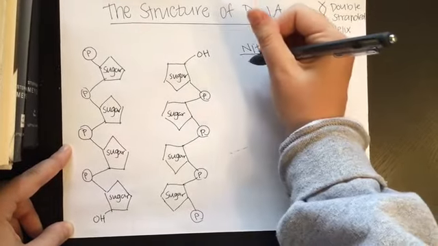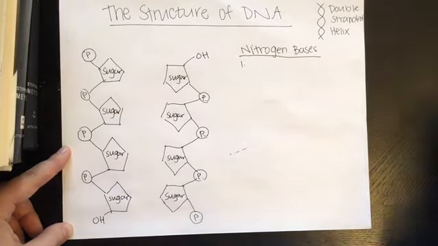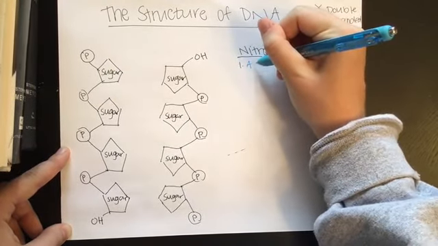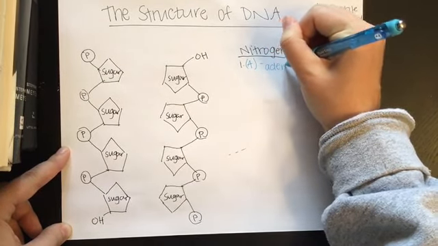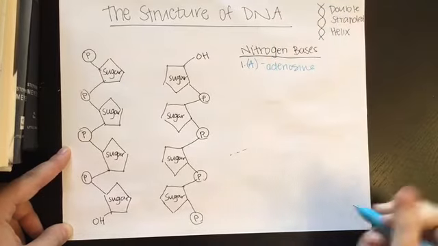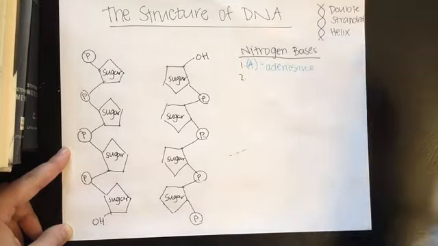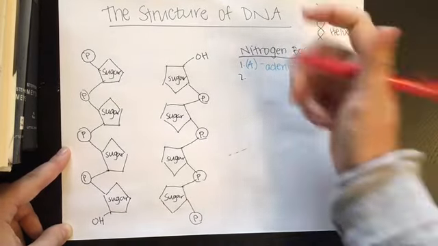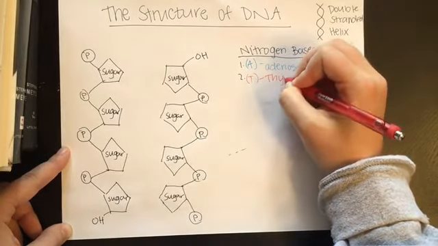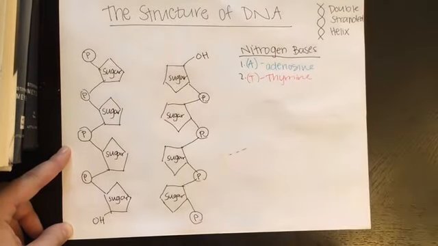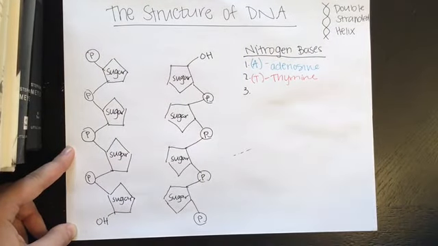So first, we have adenine, which we represent with an A. Next, 2, we have thymine, which is represented with a T. Our third one is going to be cytosine.